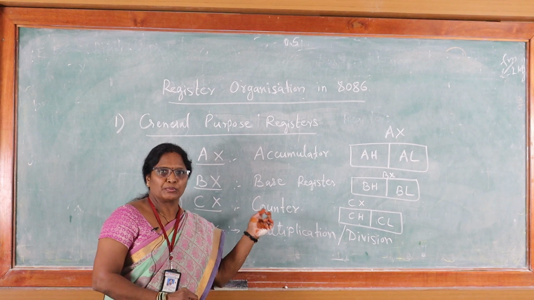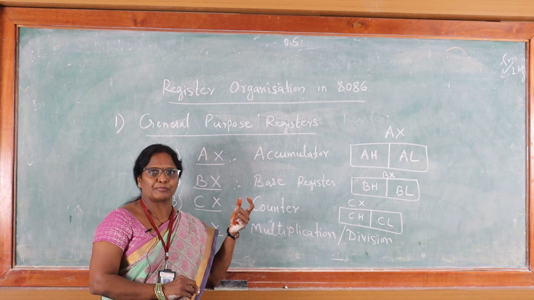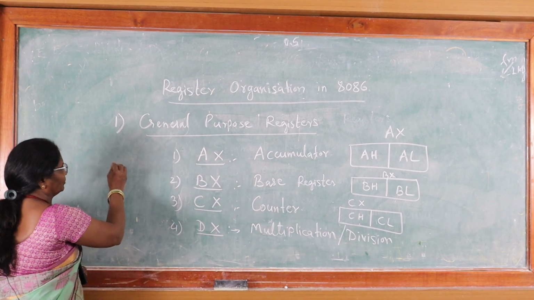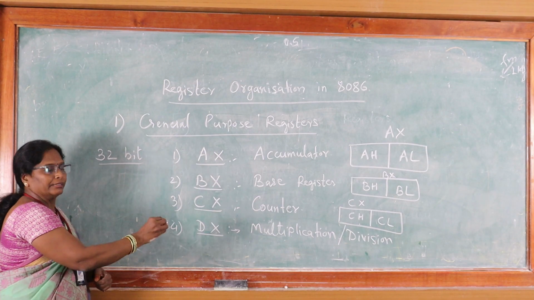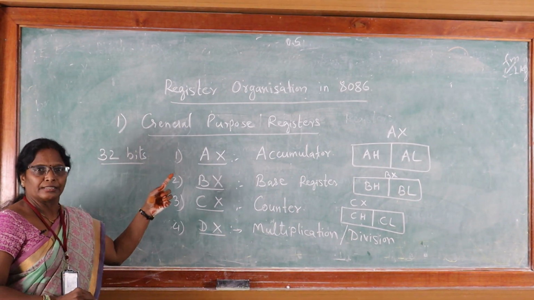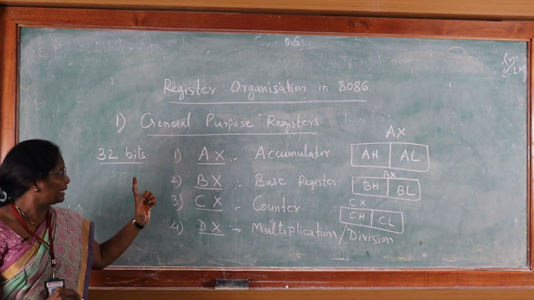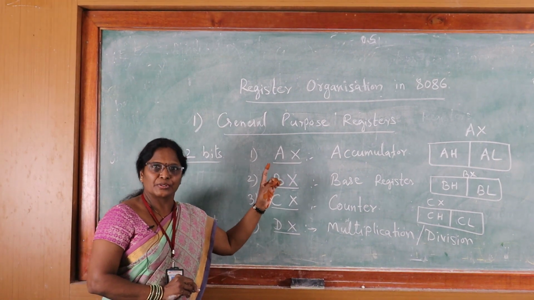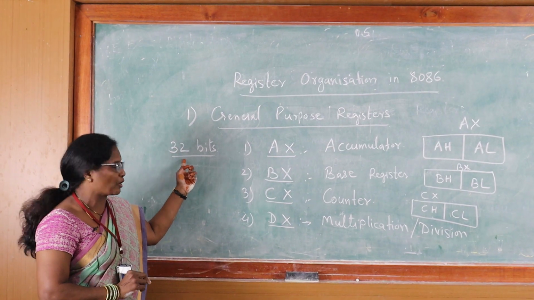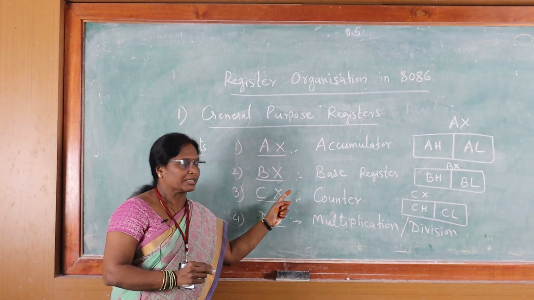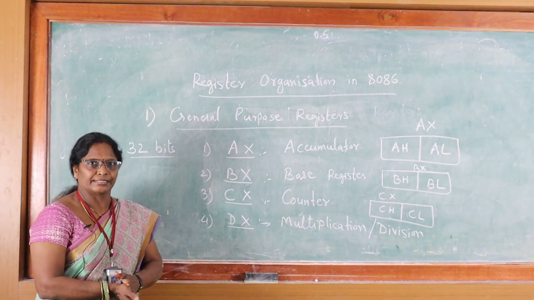Whenever we perform multiplication of two 16-bit numbers, the maximum possible product is 32 bits. Here, the general purpose register size is 16 bits, so it is not possible to store the 32-bit result in only one register. So the DX register is used to store the higher 16 bits of the product, and the lower 16 bits of the product are stored in the AX register. So this is about the general purpose registers.